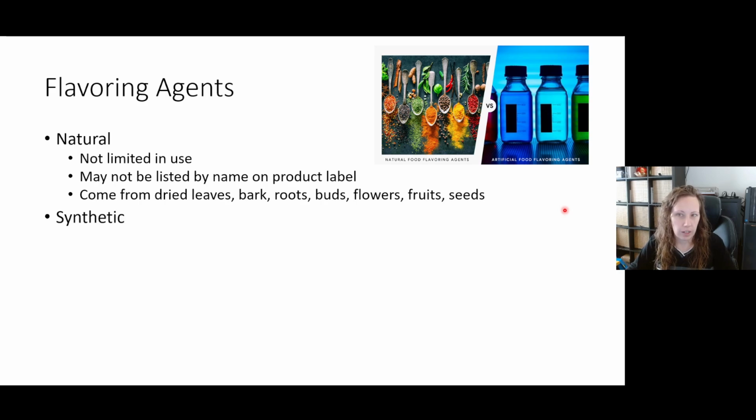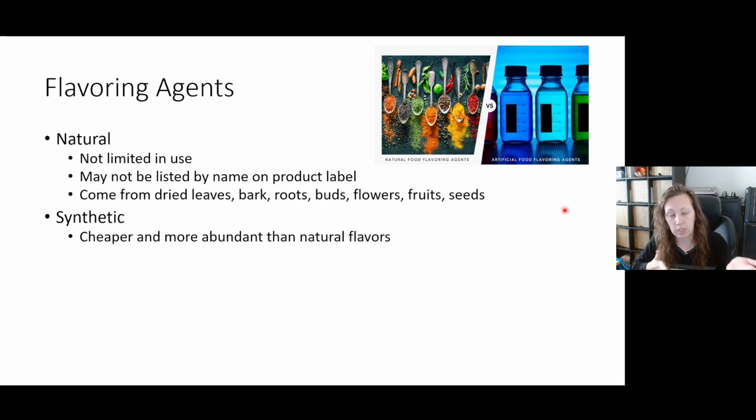Then we have synthetic flavoring agents, and just like the colorants, these are going to be cheaper and easier to get than natural flavors. So I think maybe the book talked about strawberries, for example, strawberry flavor. Well, there's only so many strawberries that are grown that can be set aside for just making flavorings out of the natural strawberries.